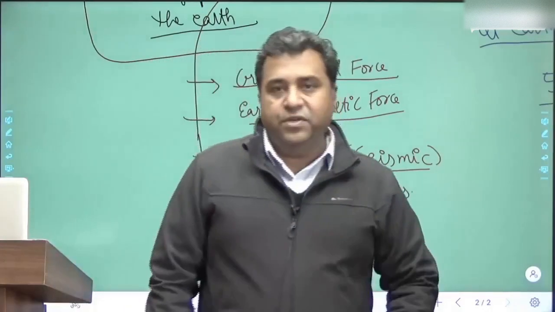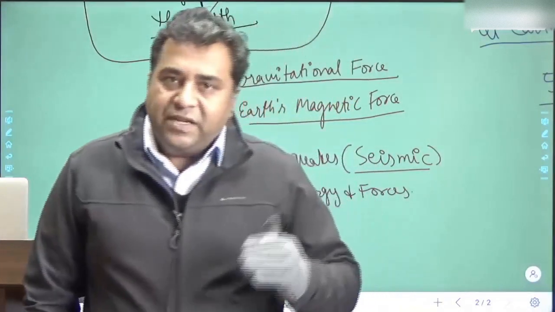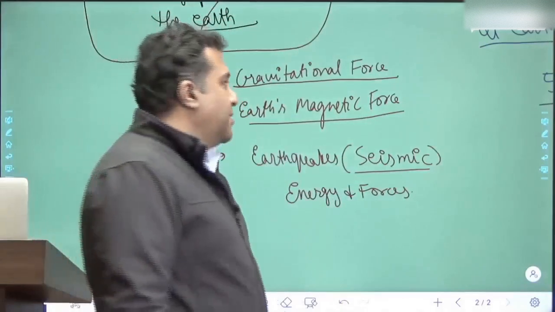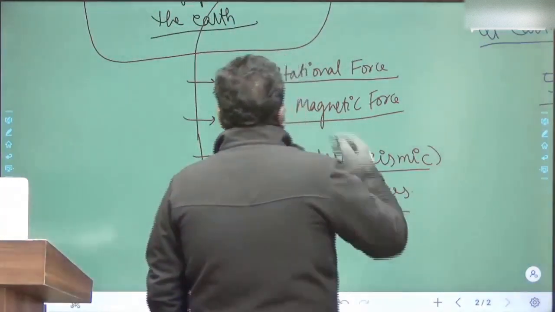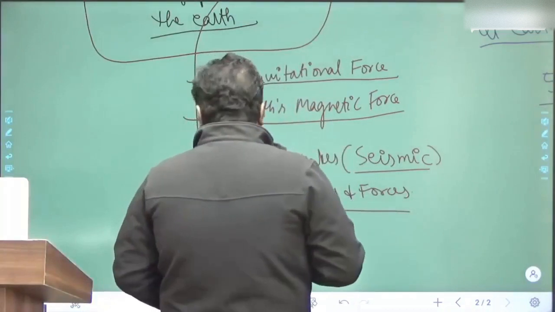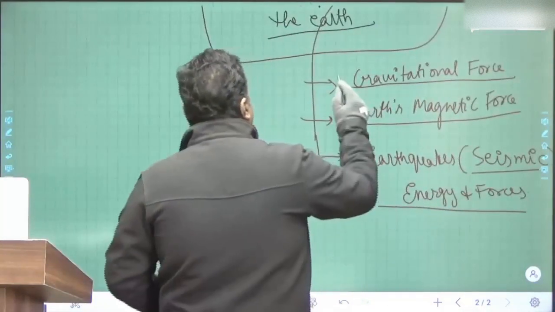This is what we have to understand. These are the three forces coming from inside the Earth, and they are helping us understand the Earth's interior. Because they are coming from inside the Earth, they help. How? Let us take them one by one. For example, how does the gravitational force help us understand the interior?